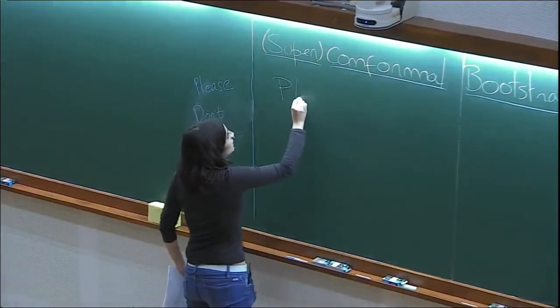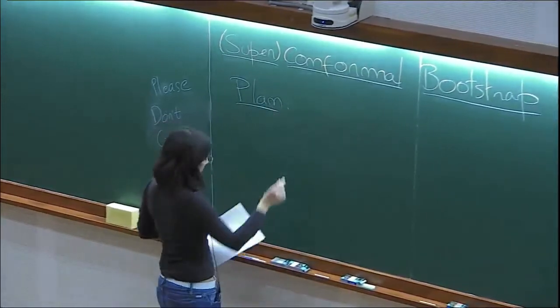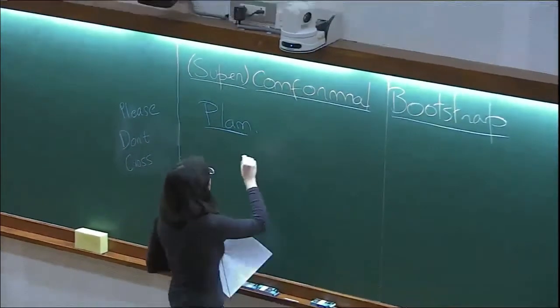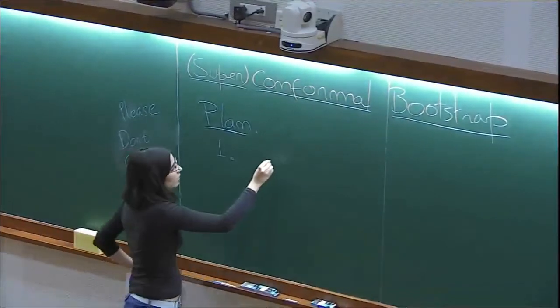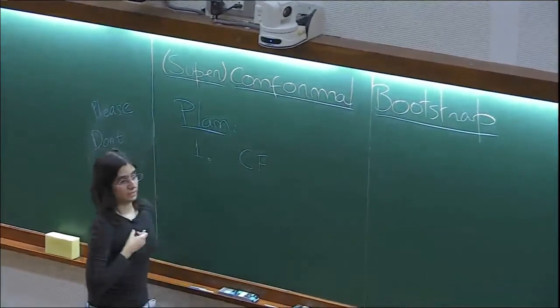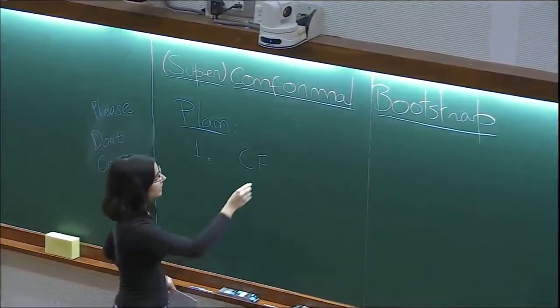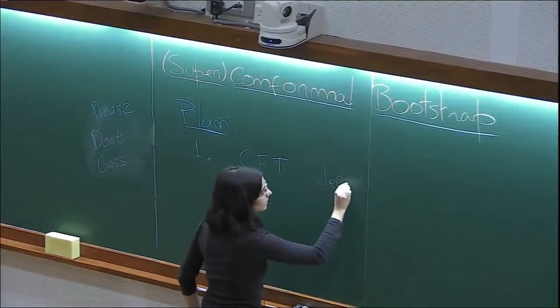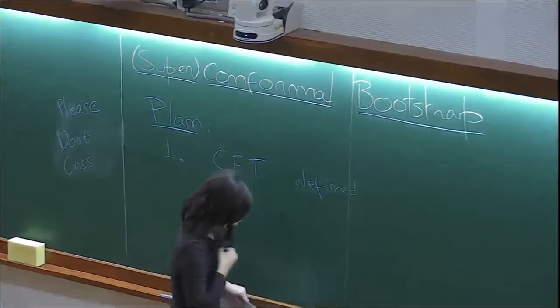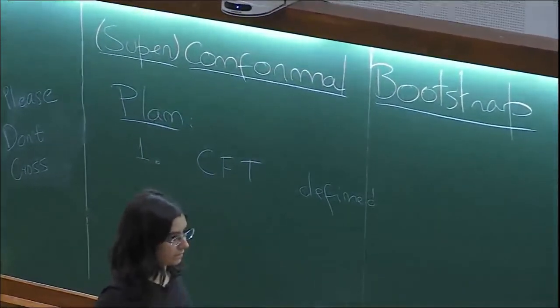So the plan is the following. I will pick up from Pedro's talk. If you recall, we take this abstract viewpoint that the CFT is defined. Is it okay now? Okay.